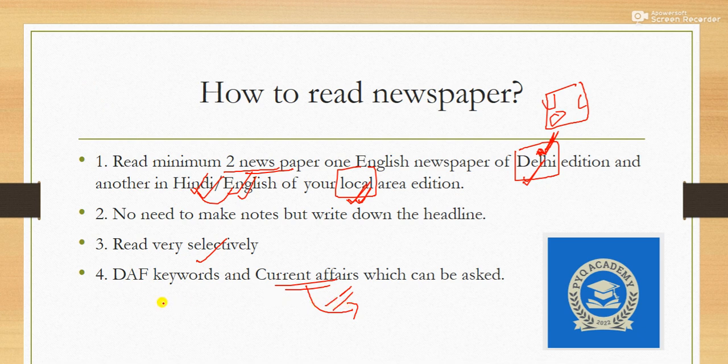And if there is news related to a keyword in your DAF, for example cricket, football, any sport or hobby you mentioned, traveling, or any kind of study, you can read that news, and if you find something very interesting, you can write it down, but write it precisely. You can write headlines only, so that you will have some idea.